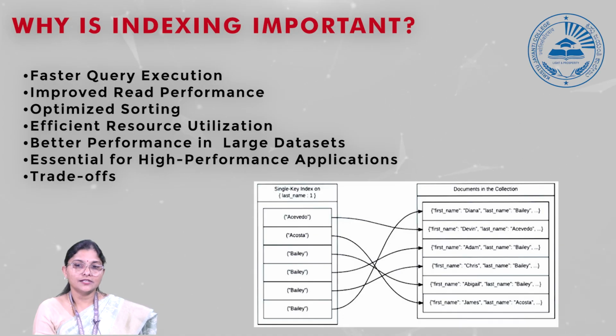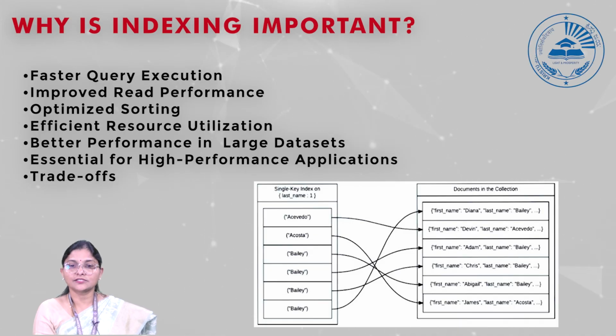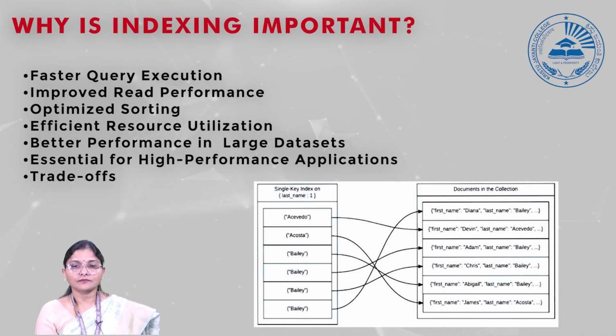Indexes consume additional storage because, apart from the collection, we are storing part of the documents separately. They can slightly slow down write operations like insert, update and delete, since indexes need to be updated. Rather than searching through every document, we can search the ordered index first.